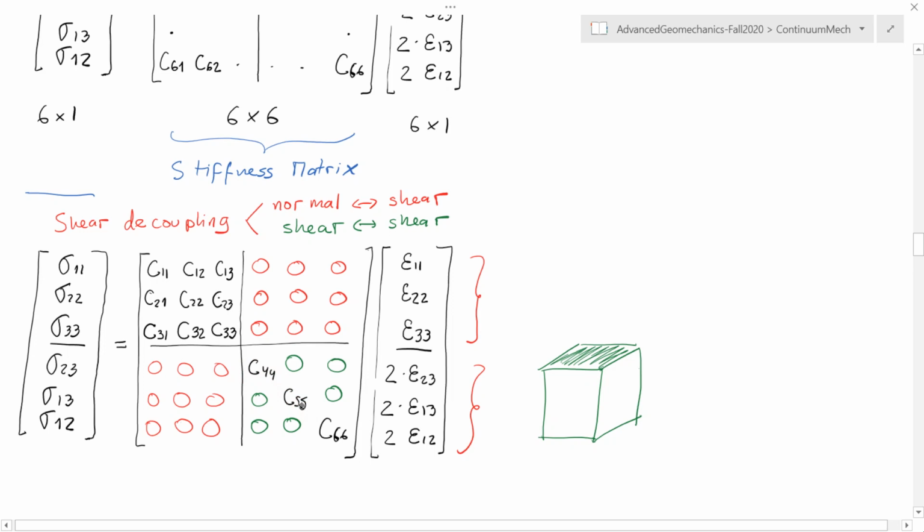So now it looks like we have 9 plus 3, 12 coefficients, right? But actually we do not have 12 coefficients because the stress tensor is symmetric and the strain tensor is symmetric, so this matrix is also going to be symmetric.